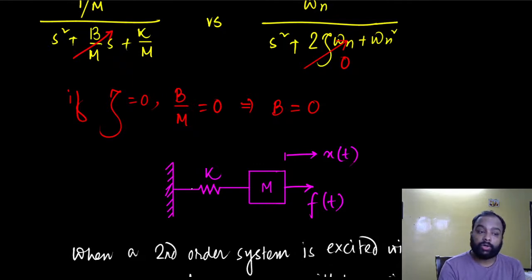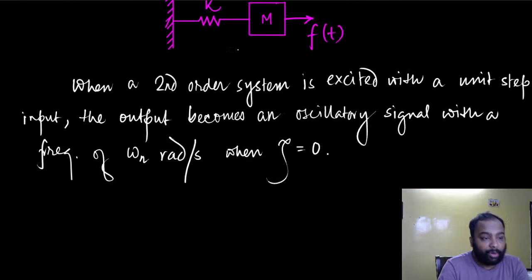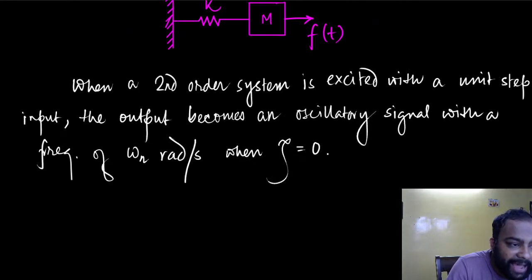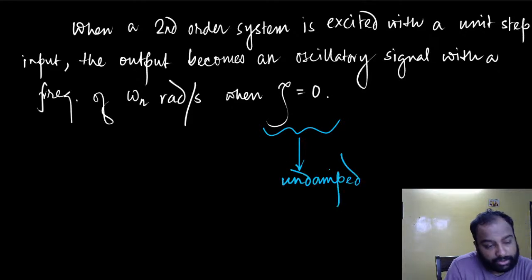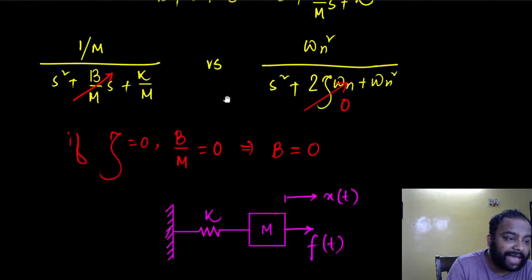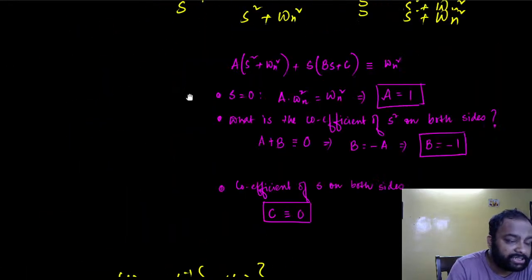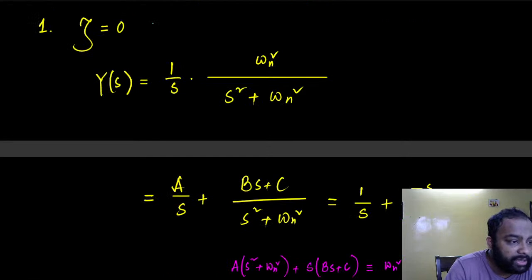And so this zeta equal to 0 is known as an undamped condition. Zeta is the damping ratio, and since zeta is equal to 0, this is called the undamped condition.